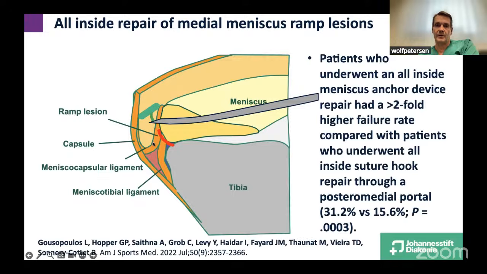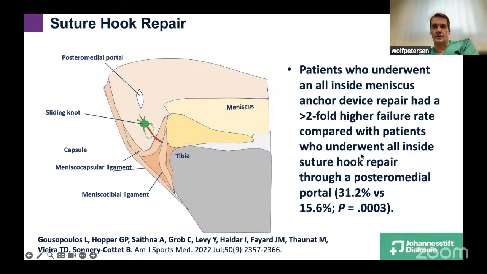This study, also by this French group around Thaunat, found that when you perform a meniscus repair with this all-inside meniscus anchor, you have a 2-fold higher failure rate when you compare it to the patient group with a so-called suture hook repair via the posterior portal.